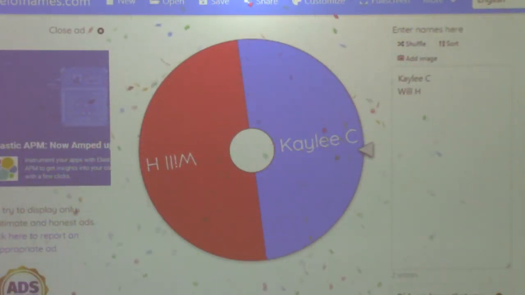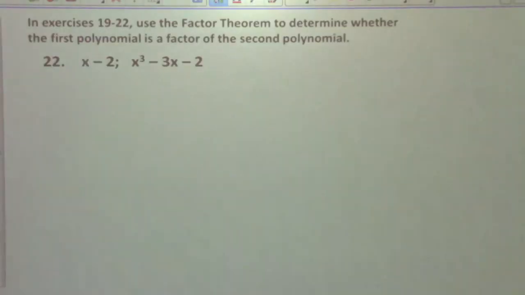Hey, Mr. G, because I already had an opportunity to get a star, I'm gonna give this one to Will. Okay, I'm okay with that. I want the opportunity to get another one. I already have one. Everybody gets a star.